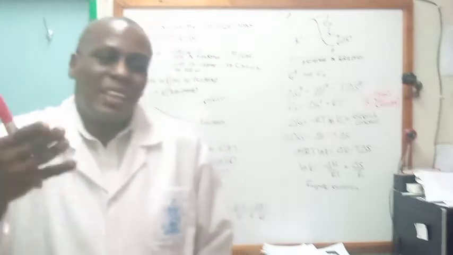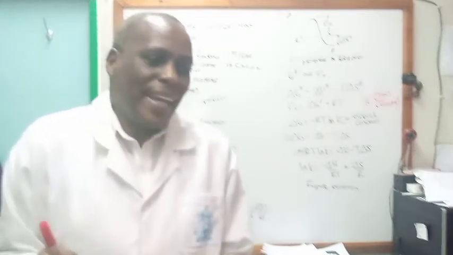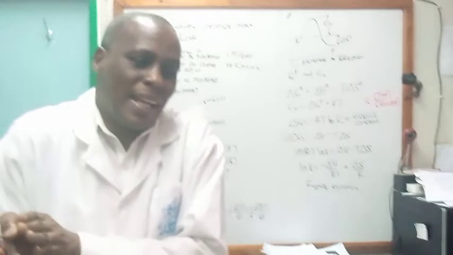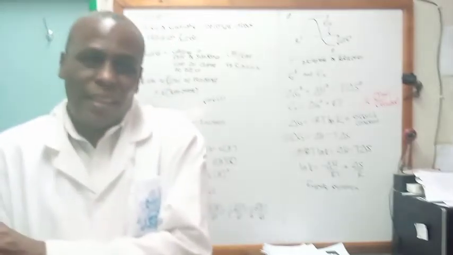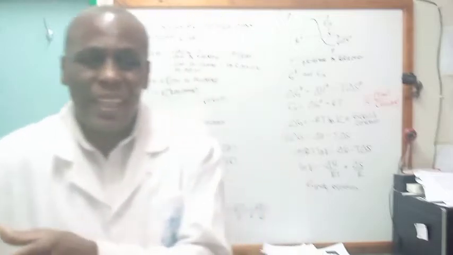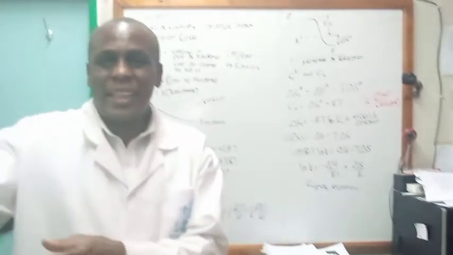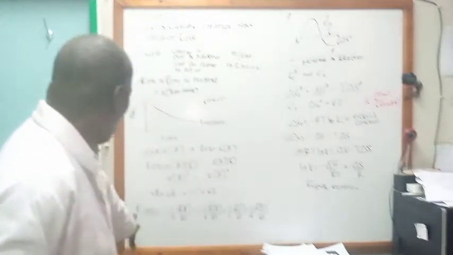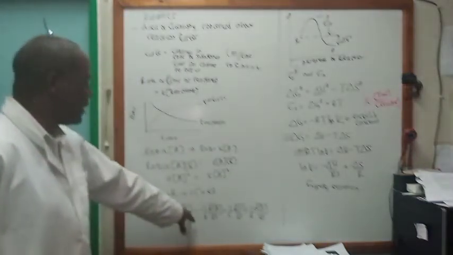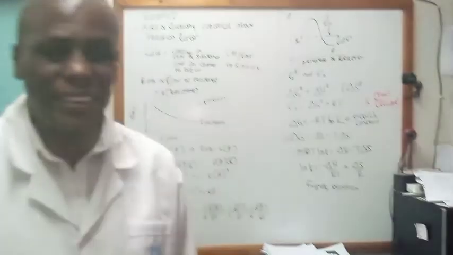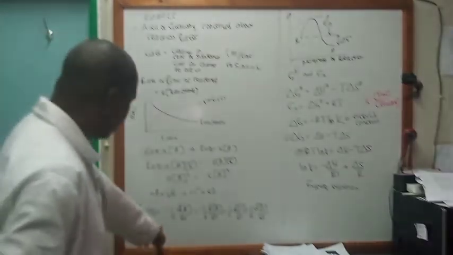For example, for A, maybe the final concentration will be something like 20 moles, and you started with 50 moles. So the change in A will be 20 minus 50, which is negative 30, yeah? So for the reactants, you're going to have a negative sign. It means that the reagent is being consumed, yeah?